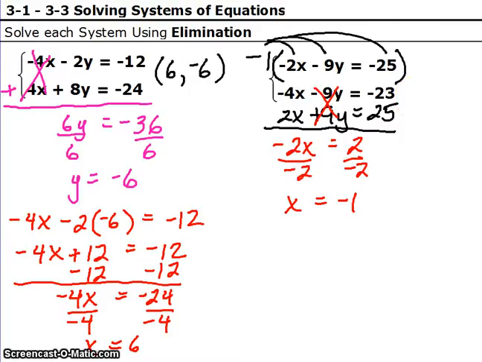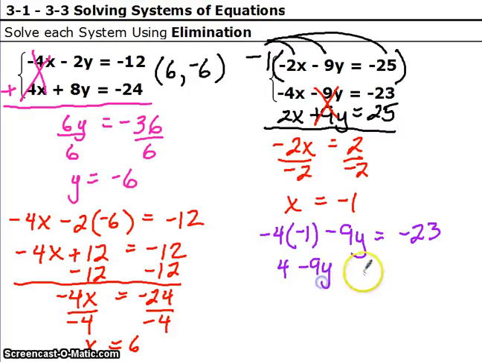Okay, so let's use the bottom one. All right, negative 4x, which we now know is negative 1, minus 9y equals negative 23. So that multiplies out to positive 4 minus 9y equals negative 23. We need to subtract 4.